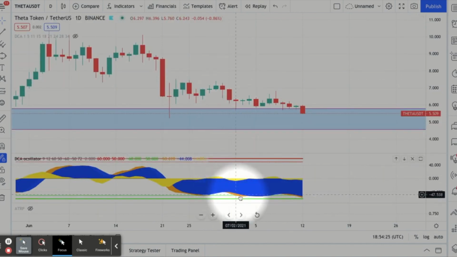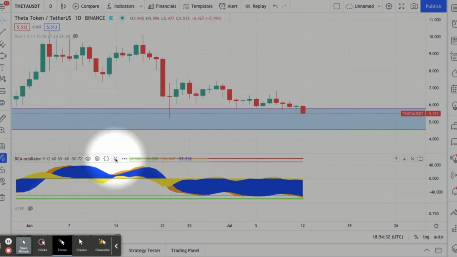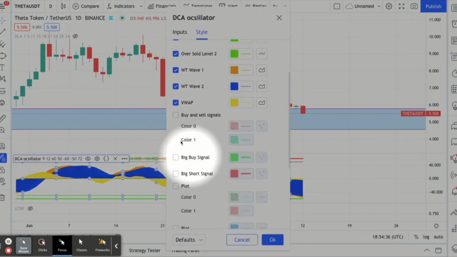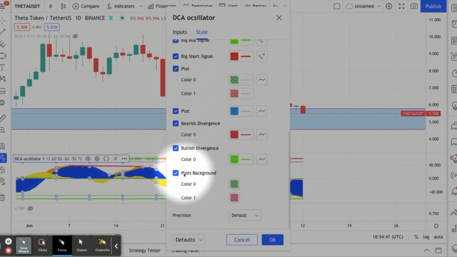So down here, yep, there's our circle. The other thing that we have is, let me turn on, I'm going to do some buy signals and divergence.